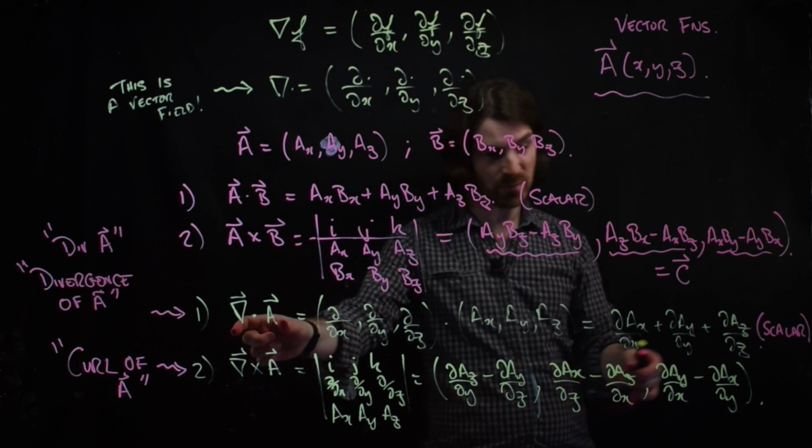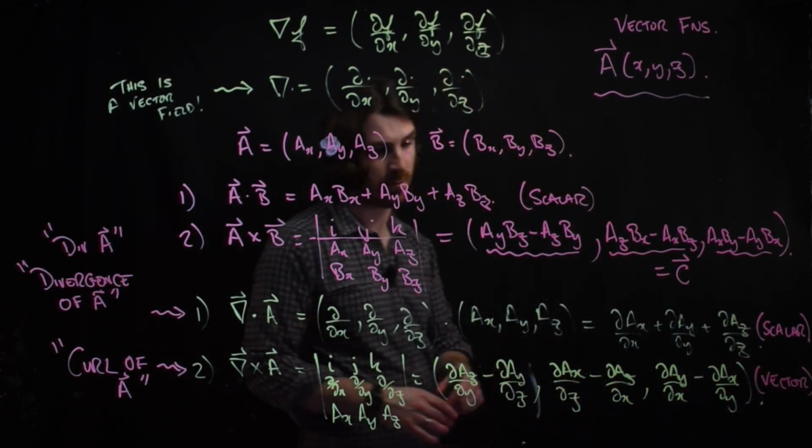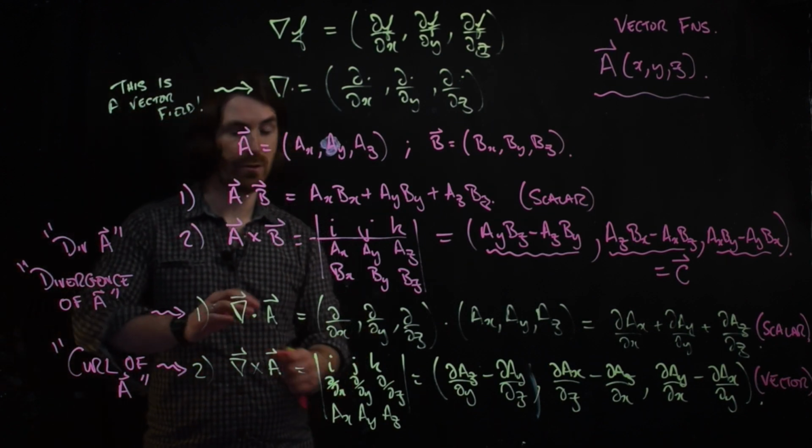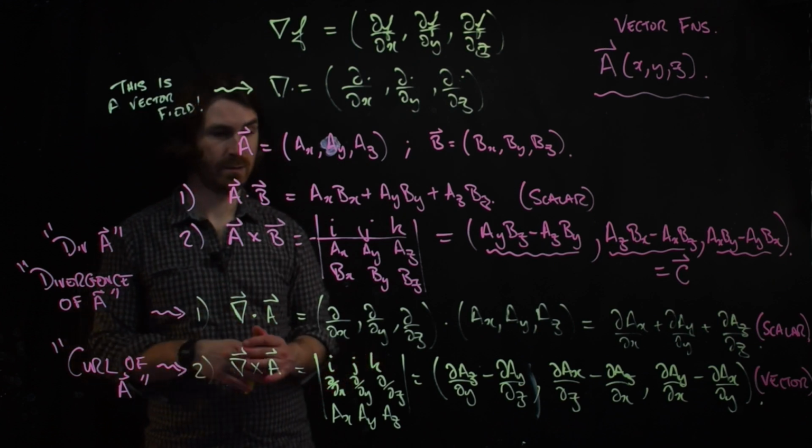This first one gives us a scalar, the second one gives us a vector. So you should be able to write down what the divergence of A is, or the curl of A.